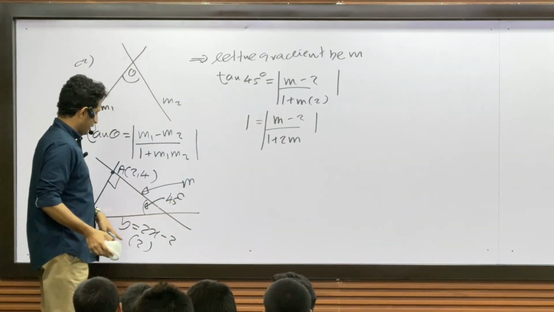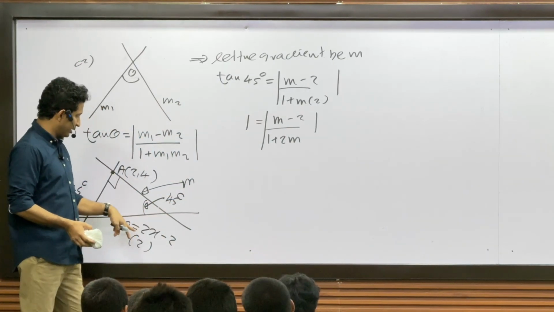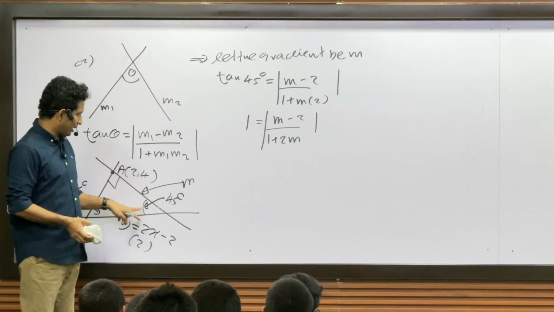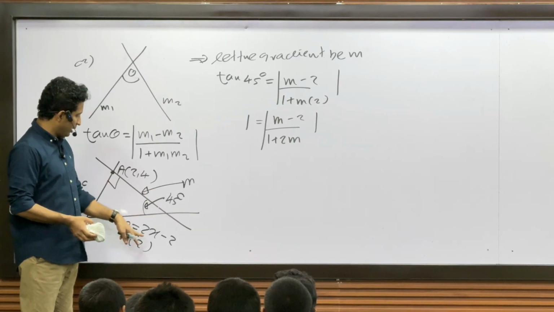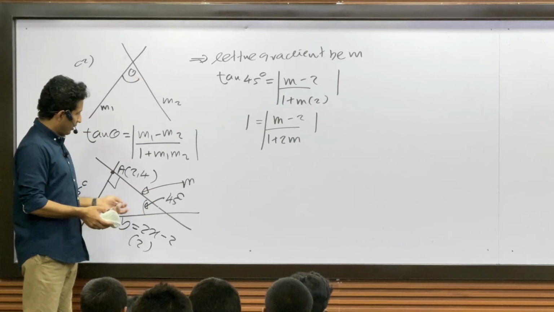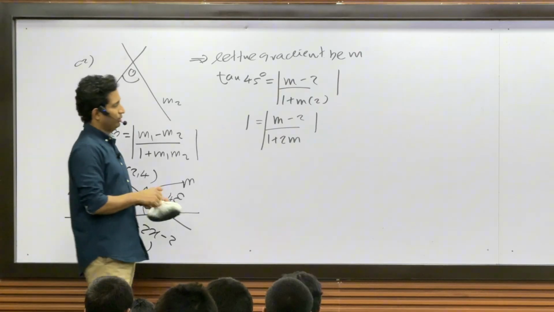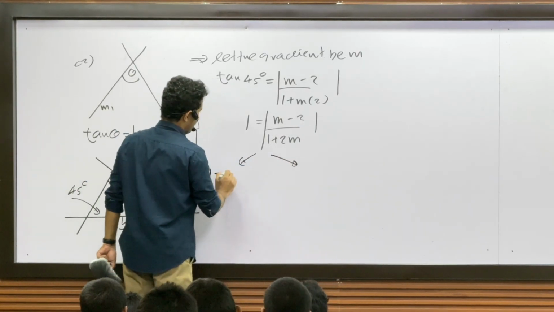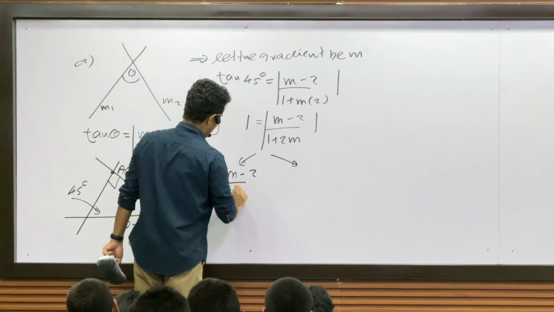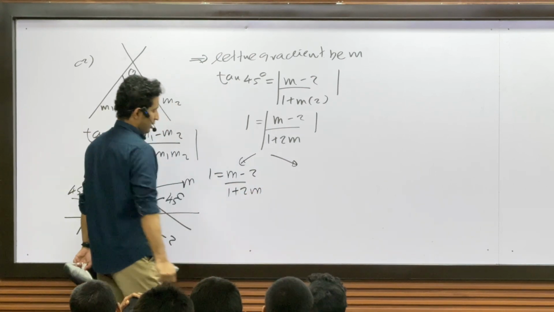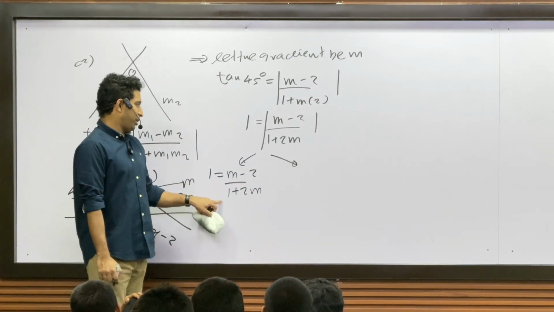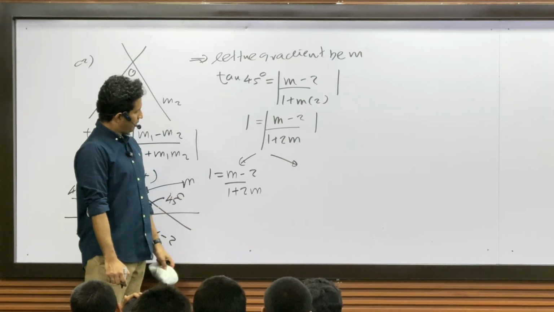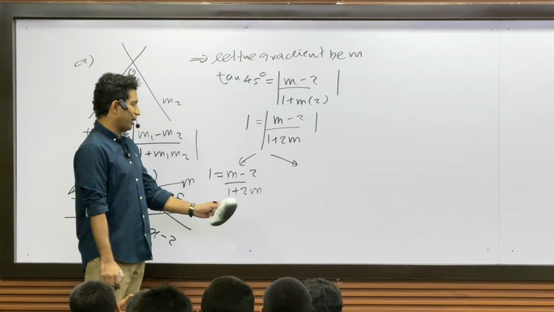This is y equals 2x minus 2, so this gradient is 2, and I will take this as m. Tan 45 is 1, then (m minus 2) divided by (1 plus 2m). Correct, right? Now see, when you take the plus and minus cases, here you will get 1 equals (m minus 2) over (1 plus 2m), then 1 plus 2m equals m minus 2, so m equals minus 3.